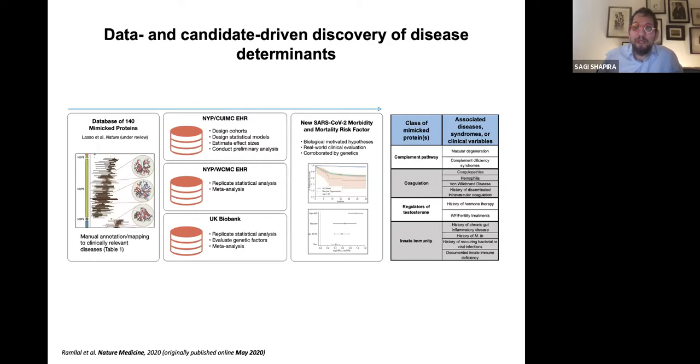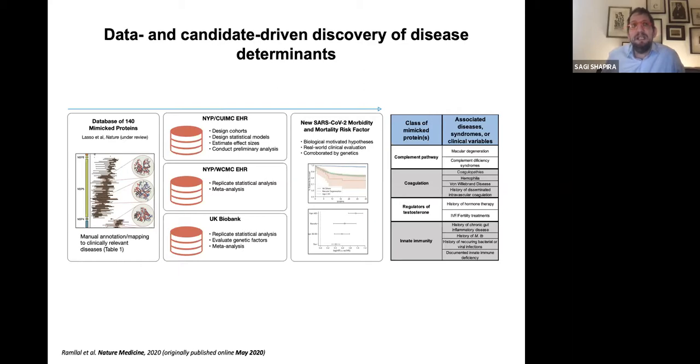By March or April, we had about 11,000 patients that were SARS-CoV-2 positive and that were seen at the hospital. That number allows us to do some informatics.